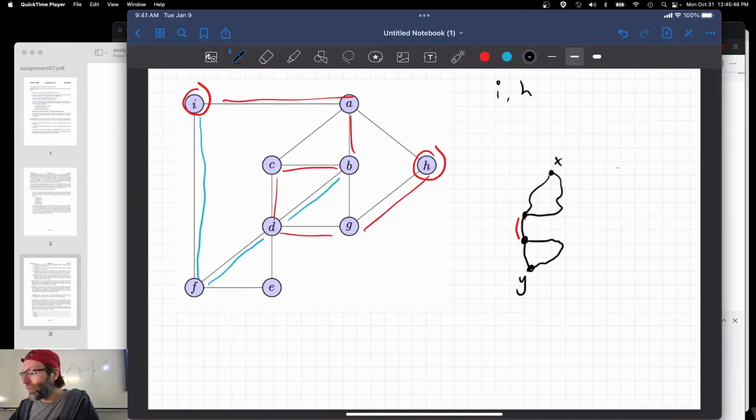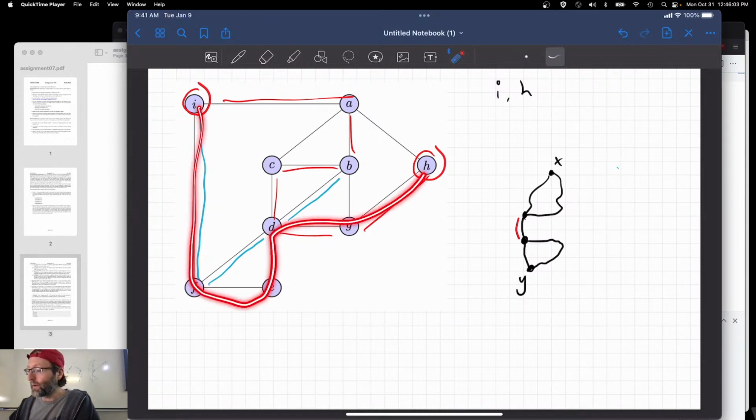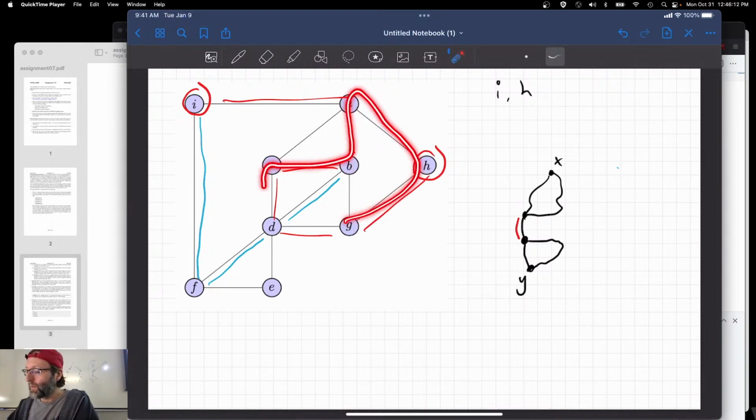Why is it? Because for example, the graph you drew there, does it make a cycle? Is X and Y in a cycle in that case? Well, yeah, sure, certainly. Here's a cycle involving I and H. Here's another cycle involving. So here. Nope.